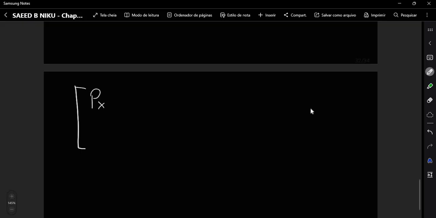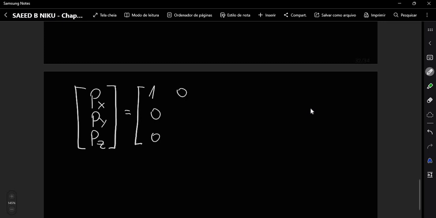So Px, Py, and Pz, as we wanted to find them, we need to multiply by the matrix of rotation.